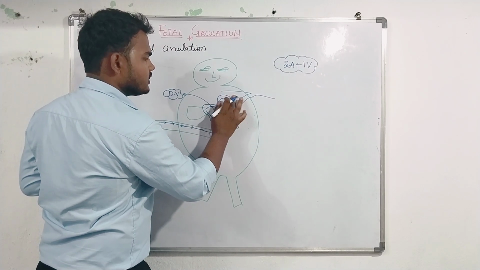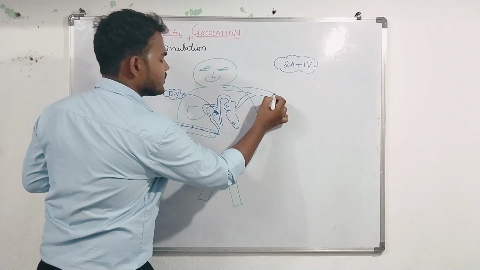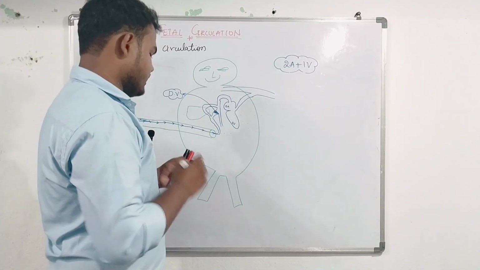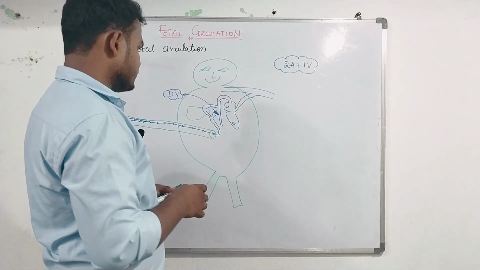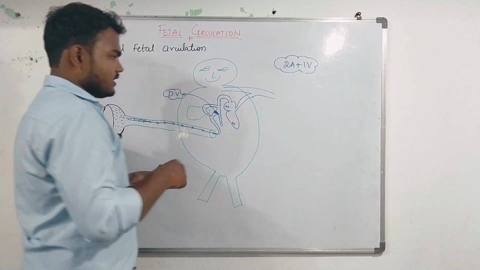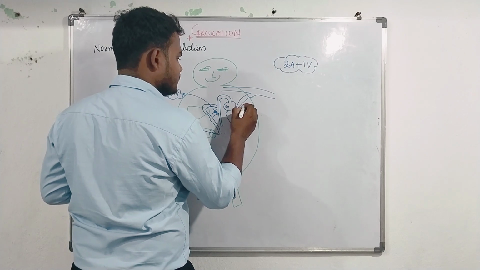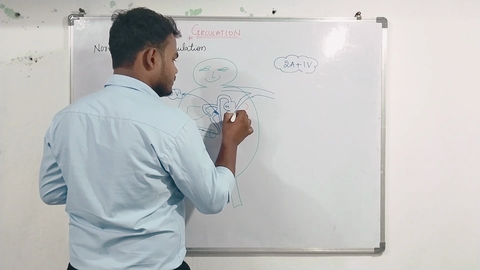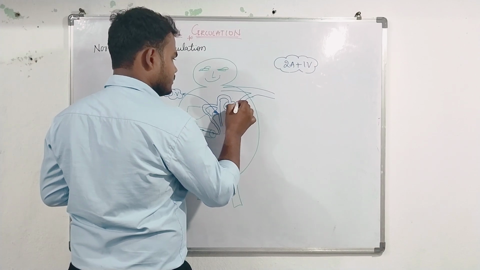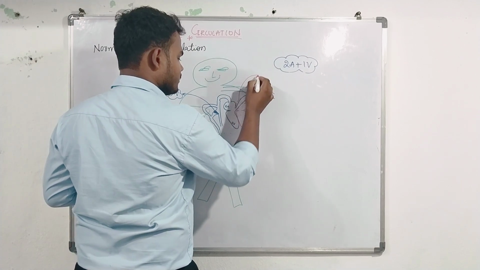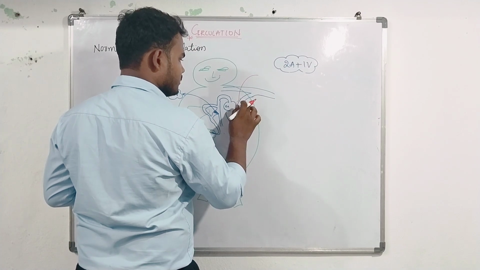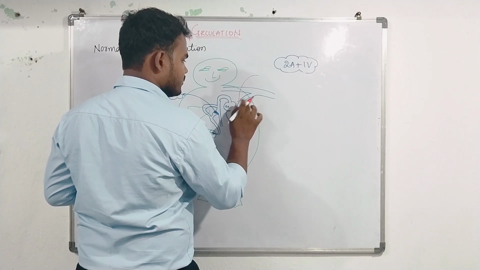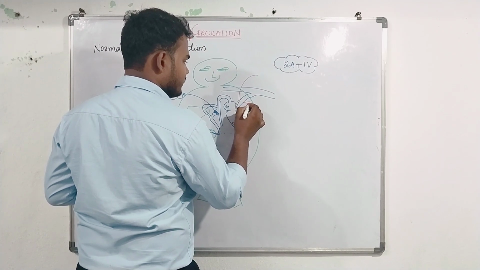This is our pulmonary artery, which divides into the right and left pulmonary arteries. Next, these are the pulmonary veins.